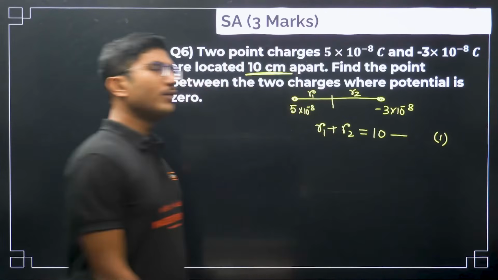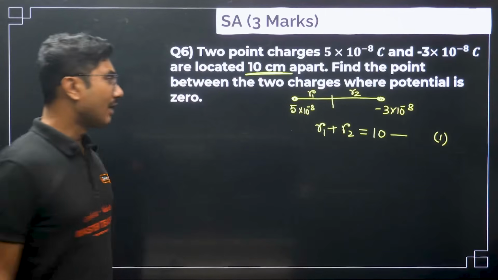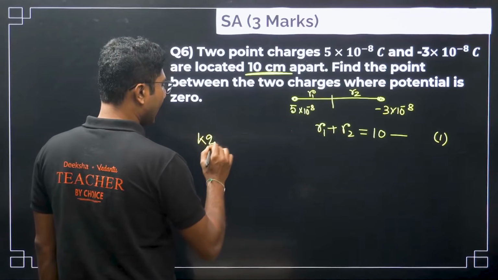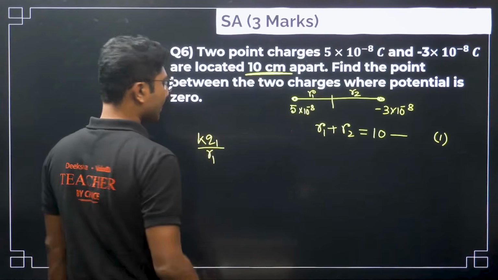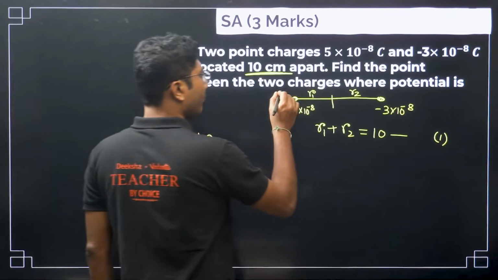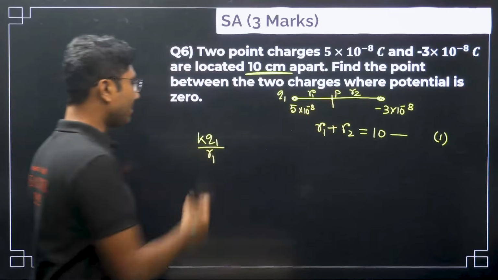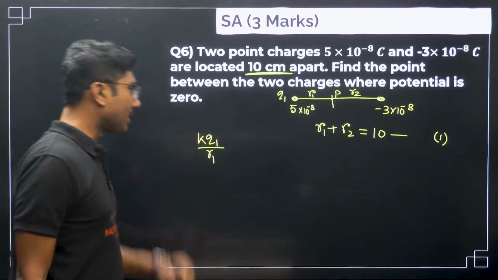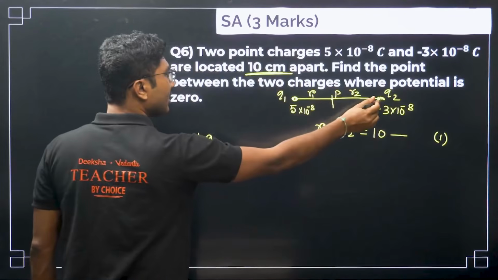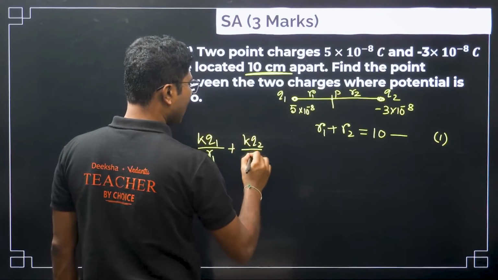Now you have to find the 0 potential. Now how to find potential? Potential due to a point charge is basically KQ by R, right? For charge Q1, at this point potential is given by KQ1 by R1, and if this charge is Q2, then the potential due to this charge is given by KQ2 by R2.